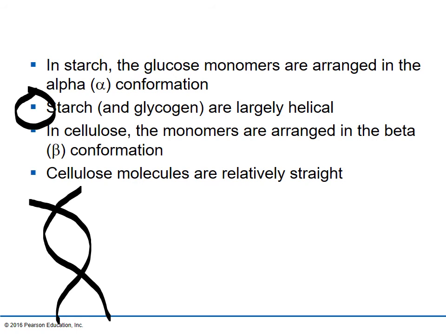So cellulose, on the other hand, is dealing primarily with the beta glucose conformation. Cellulose molecules are straight because of this.